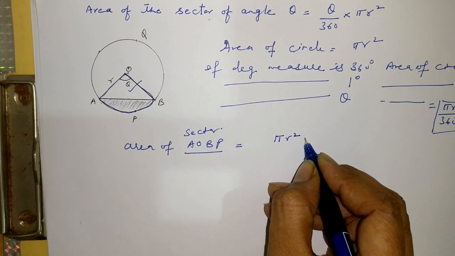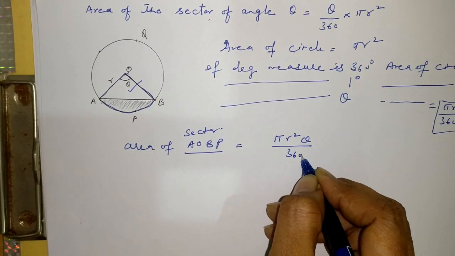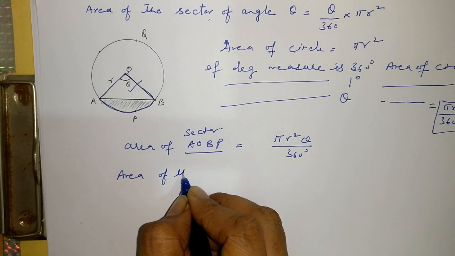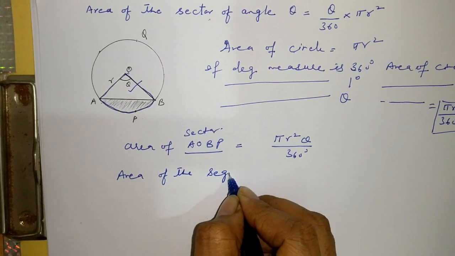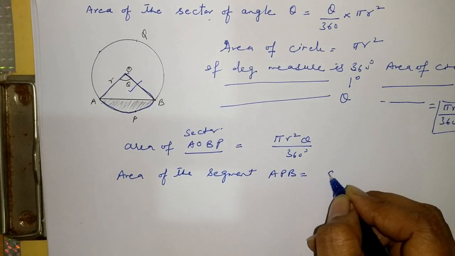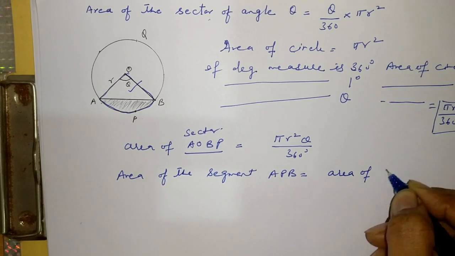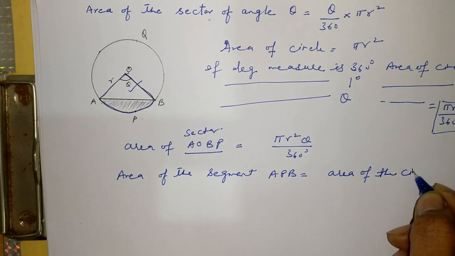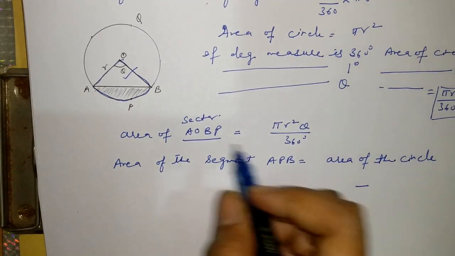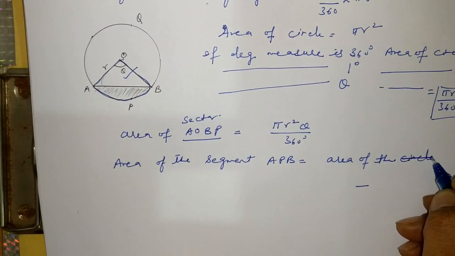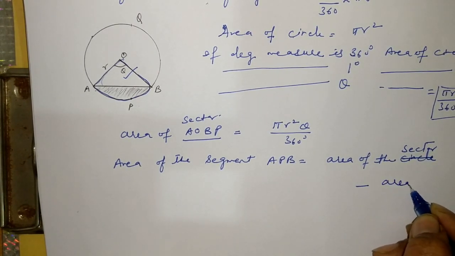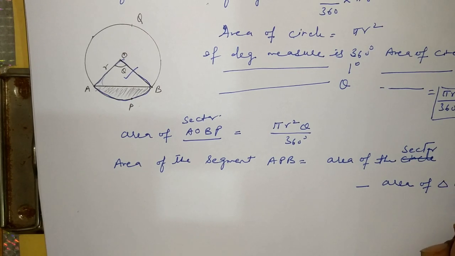This is pi r square theta upon 360. So the area of the segment APB will be the area of the sector minus the area of triangle AOB.